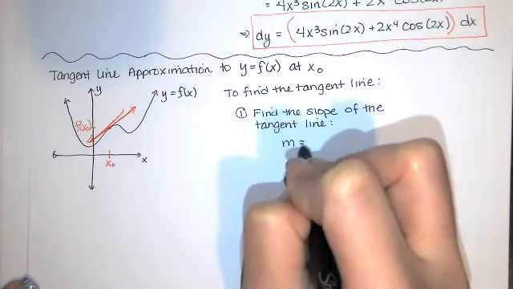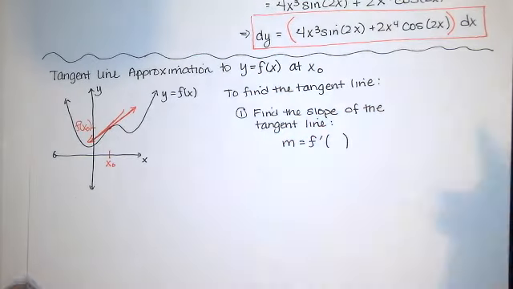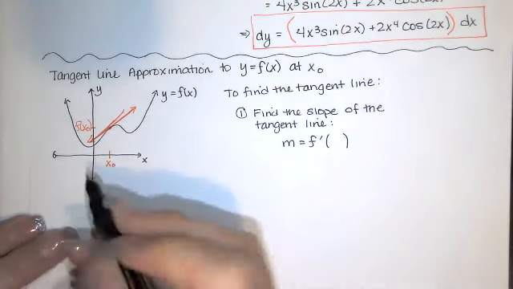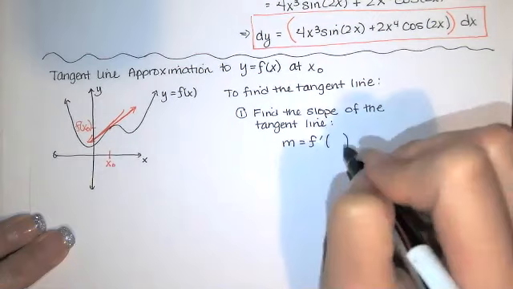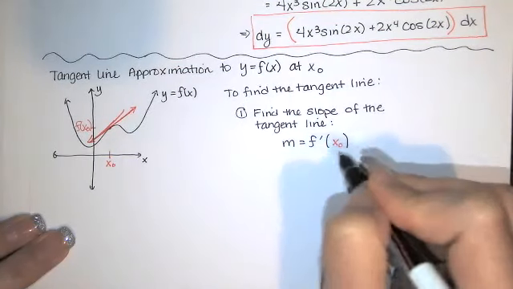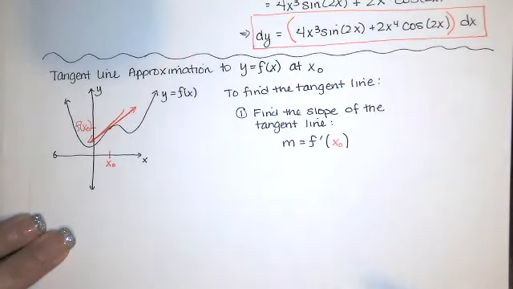And the slope is just the derivative of our function, but it's evaluated at this particular x value. When you substitute in that x value, you're going to get a number. That's the slope of your tangent line.